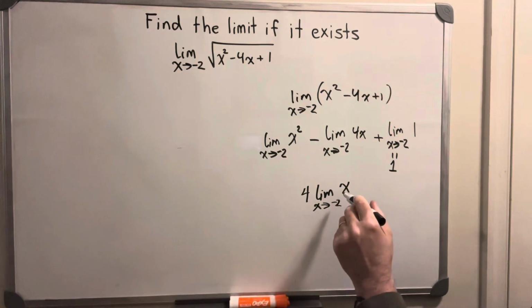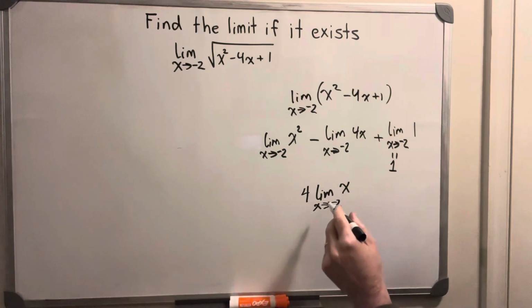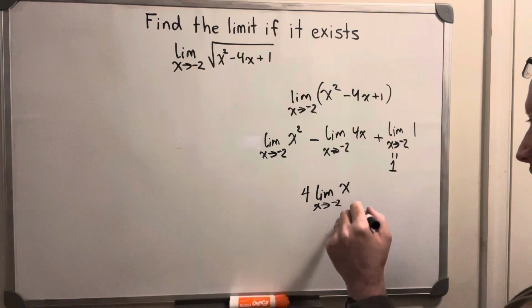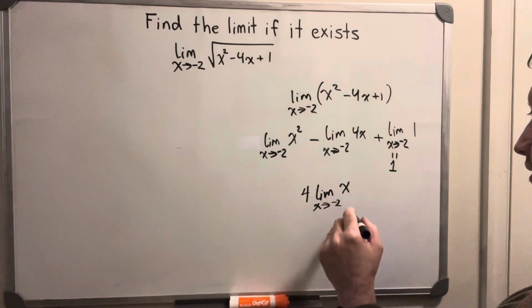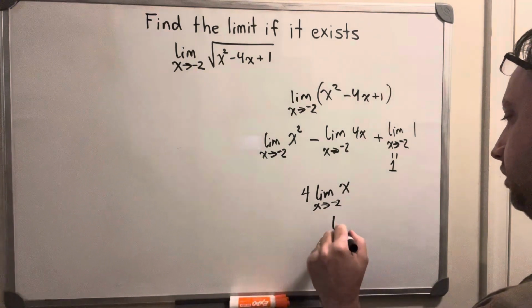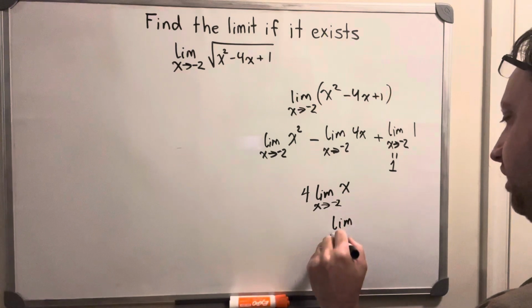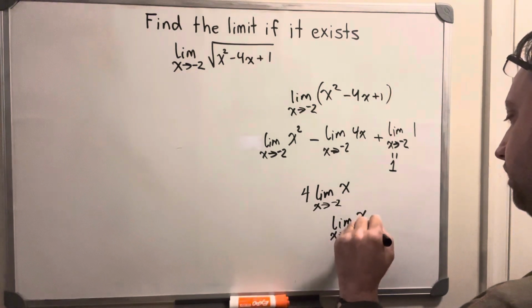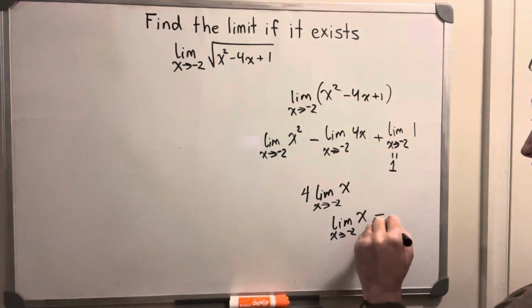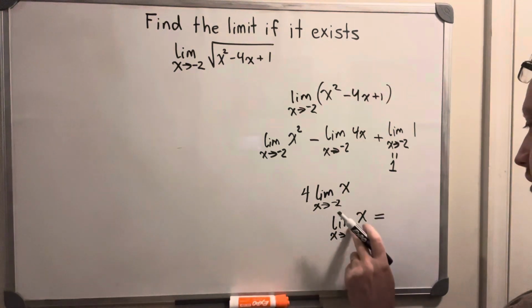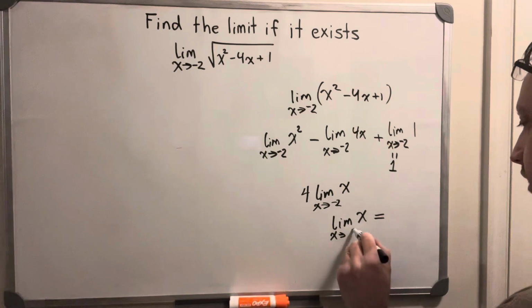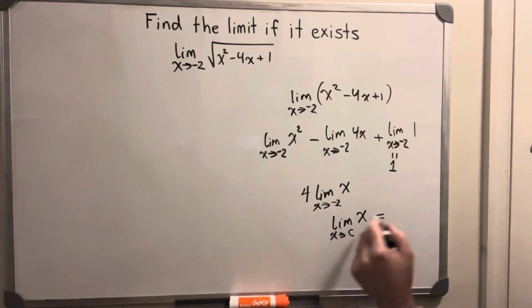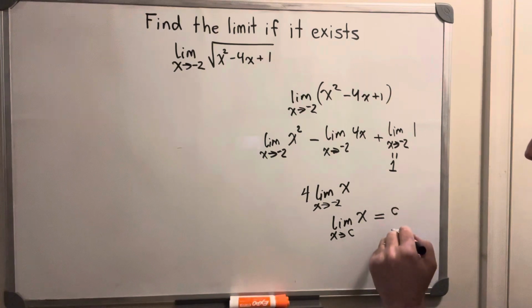Now we can use another limit theorem that states that for the identity function where f of x is equal to x, the limit as x approaches -2 of x is equal, we're stating the general case where x approaches c, where c is any real number value, to c.